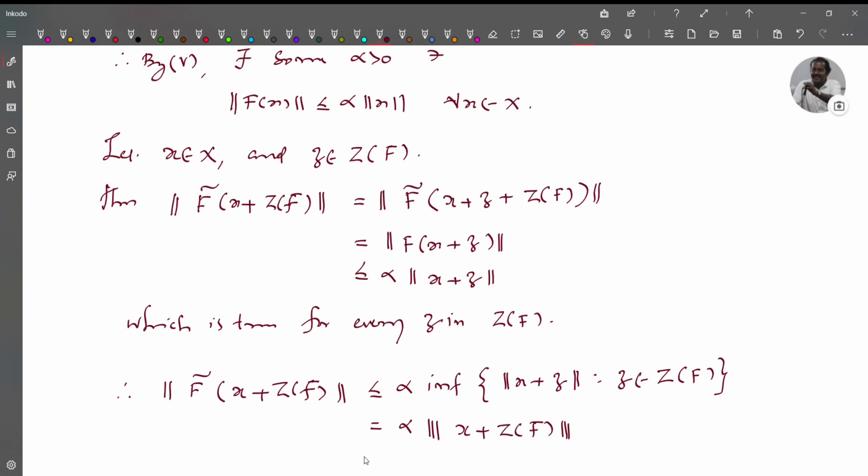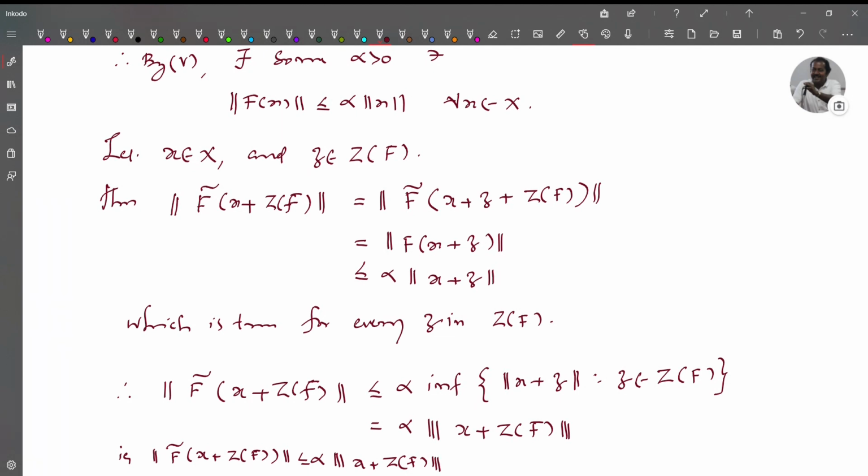That is, the norm of f tilde of x plus the zero space of f is less than or equal to alpha times the quotient norm of x plus the zero space of f.